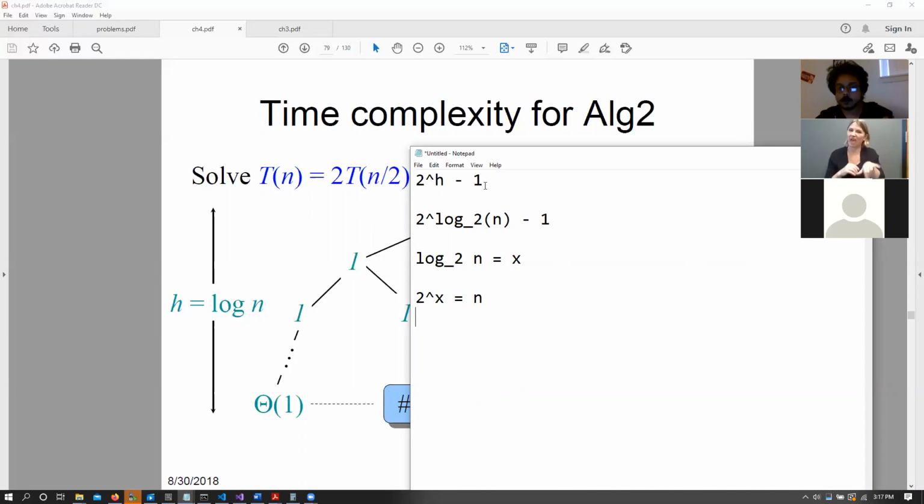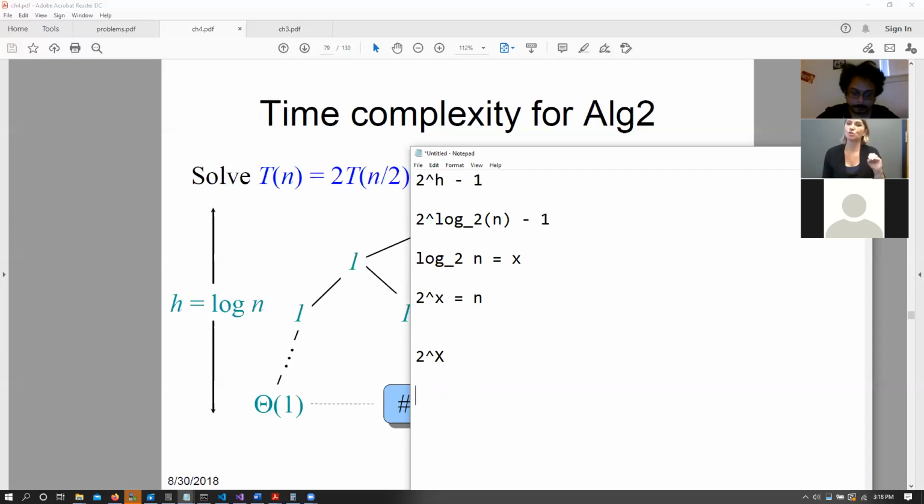So if log base 2 of n equals some value x, then 2 to the power of log base 2 of n is 2 to the power of x, right? But based on the properties of log, 2 to the power of x is n.